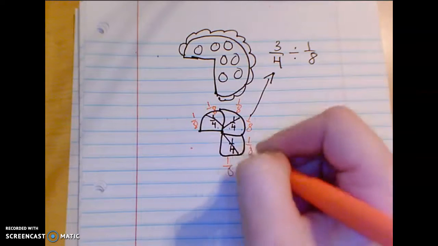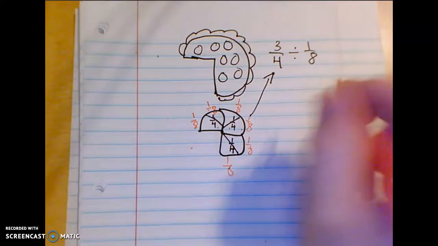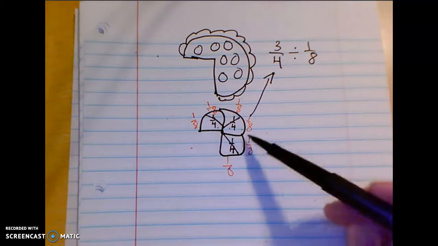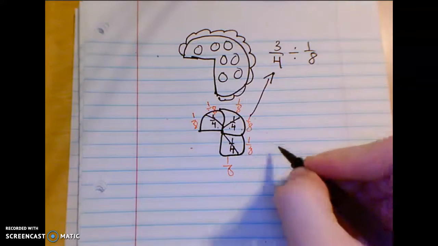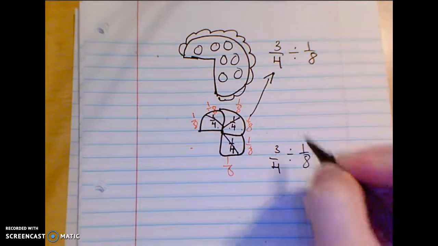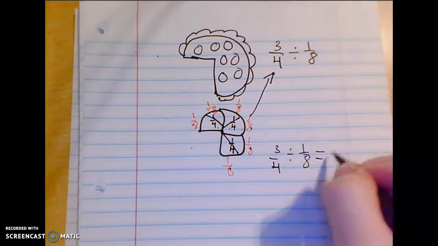So I have 1, 2, 3, 4, 5, 6 1/8. So that means if we cover the 3/4 with 8s, we can see that there are 6 1/8 in 3/4. So 3/4 divided by 1/8 equals 1, 2, 3, 4, 5, 6.